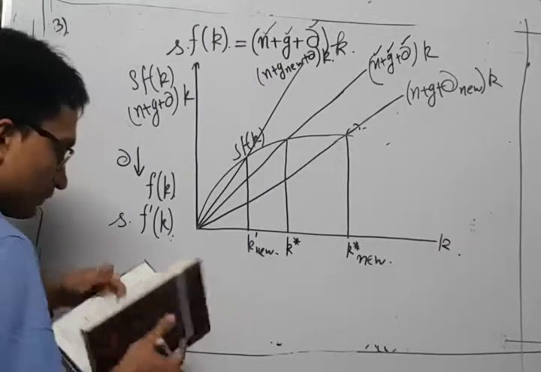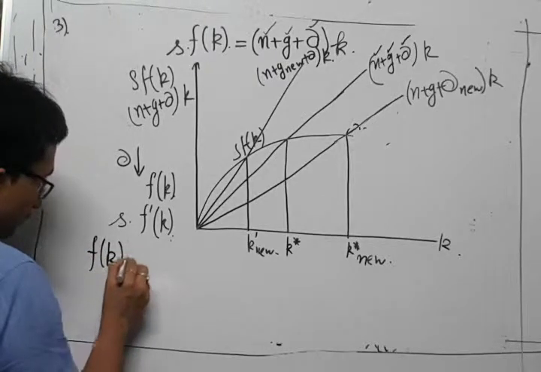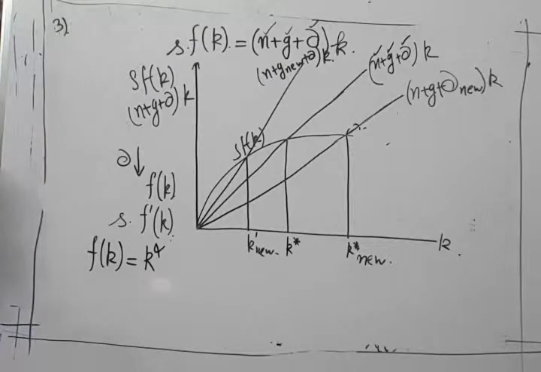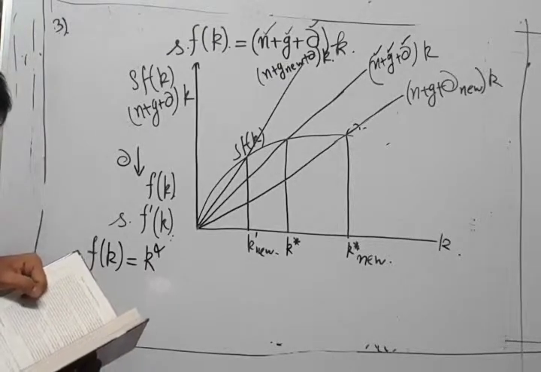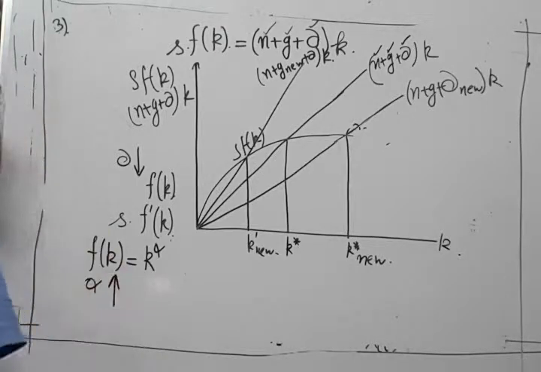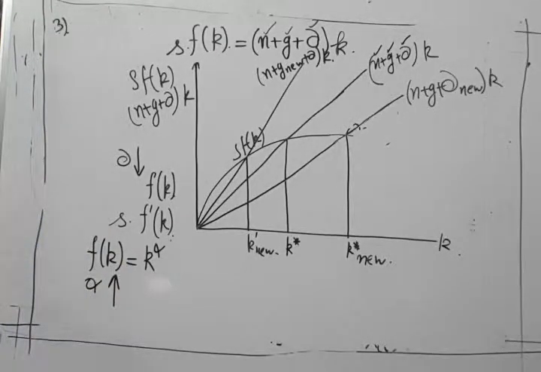Now the third part of the problem is this. We are assuming that f(k) is a Cobb-Douglas production function, and the capital share, that is alpha, is rising. So what happens when this takes place?